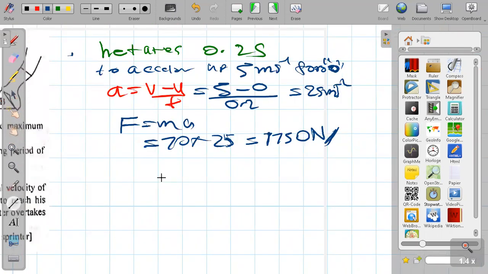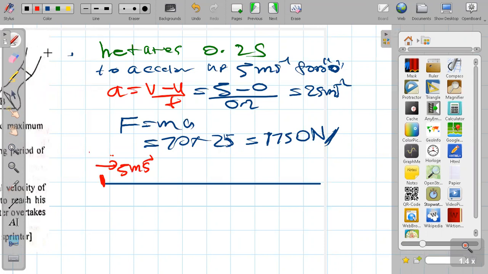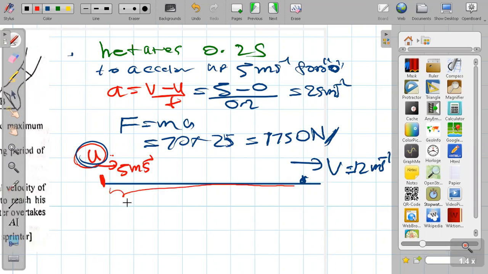Distance. At the beginning, when he leaves the starting point, he had a velocity of 5 m/s. This is the initial velocity u, and when he reaches this point, he has a velocity of what? 12 m/s. But you don't know the displacement made here, some distance s.